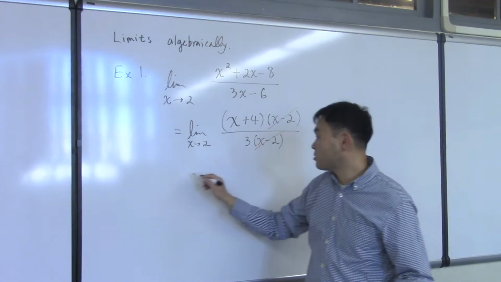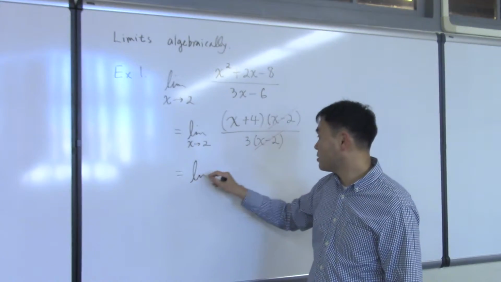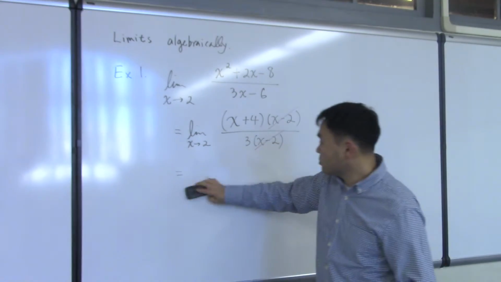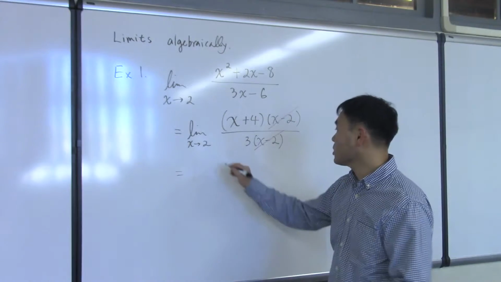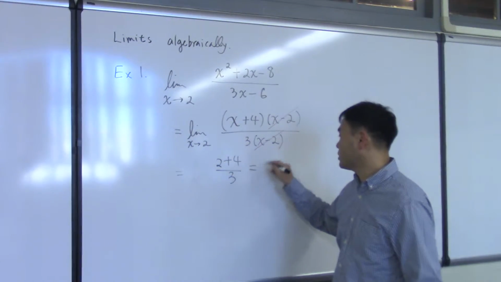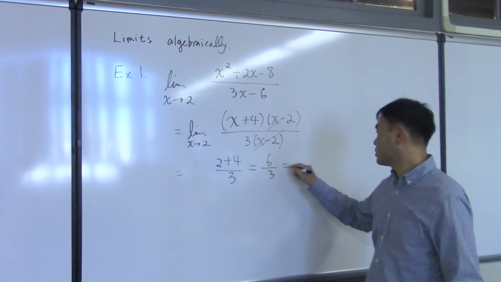So then let's do that. Now let's just plug in 2. 2 plus 4 over 3 is 6 over 3, which is 2.